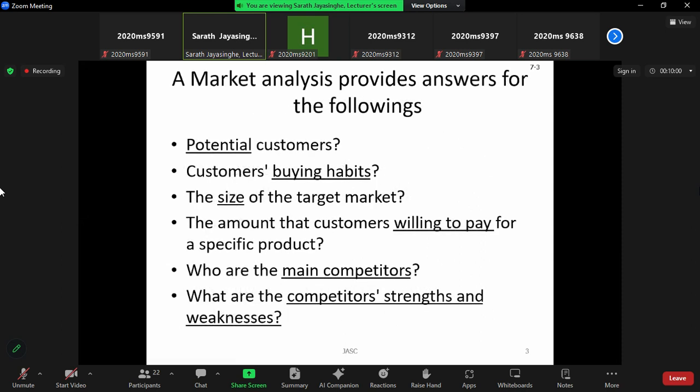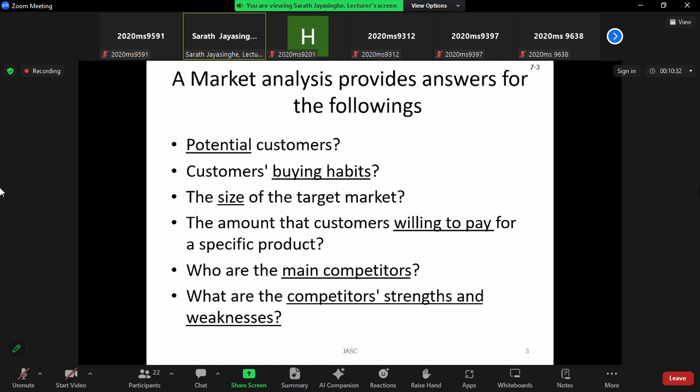The market analyst provides answers for the following questions. So we have to think about the potential customers. Potential means at present we have present customers, and in the future we are anticipating some customers, and also we can think about some buying habits of those customers, just like understanding market segments and market targets. And then we have to estimate the size of the target market and the amount that customers are willing to pay.